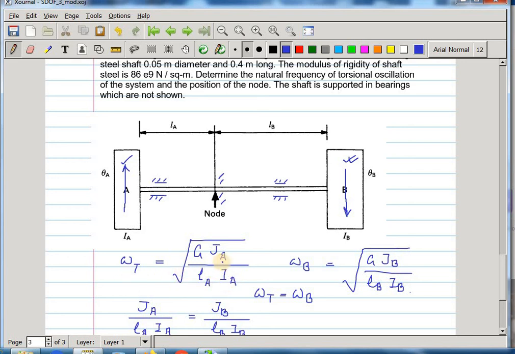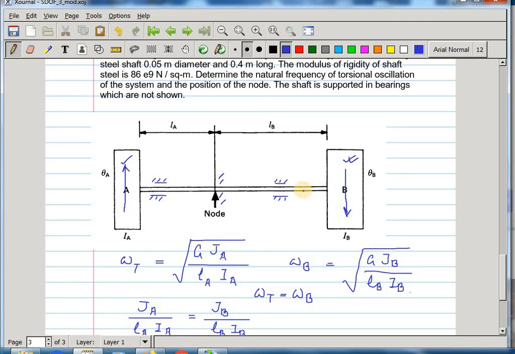the natural frequency is this. G is the modulus of rigidity, Ja is the polar moment of area for this shaft, La is the length of this shaft, and Ia is the mass moment of inertia of this.